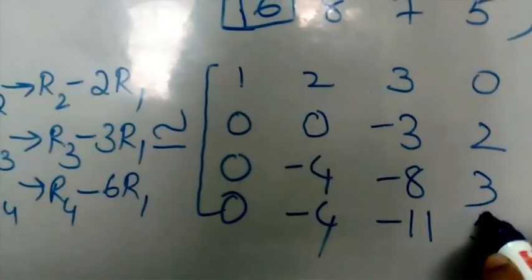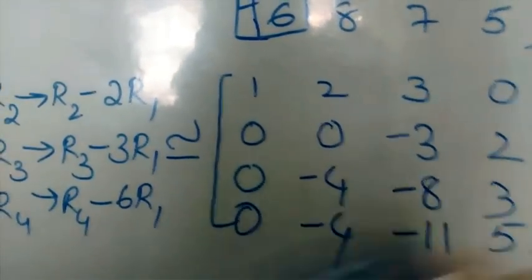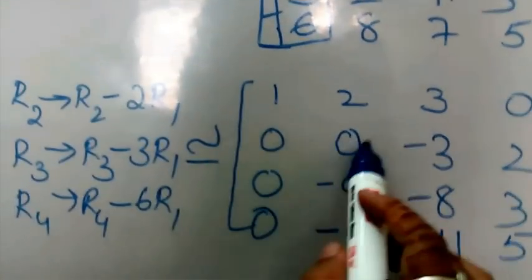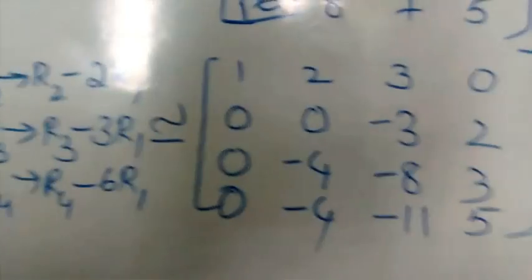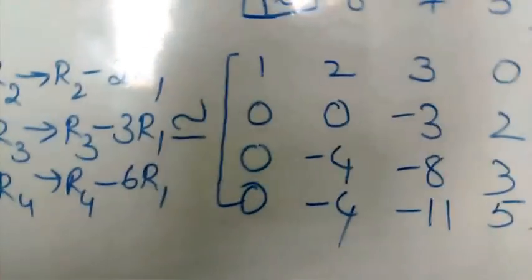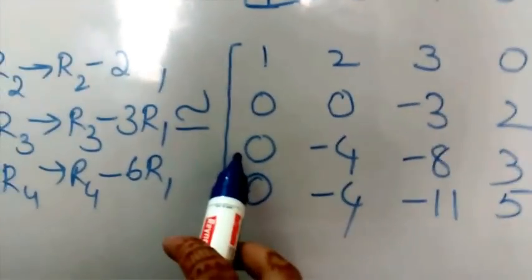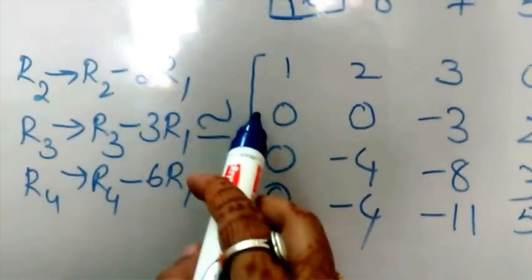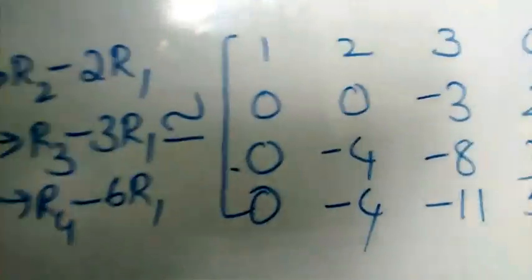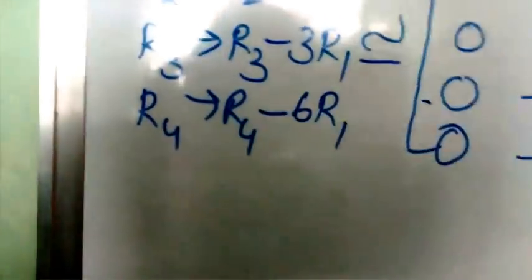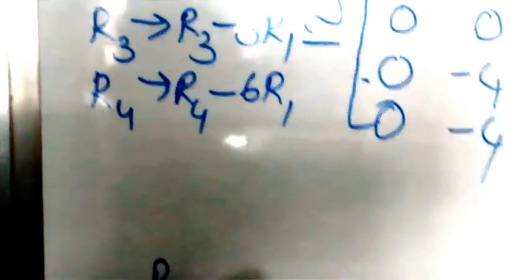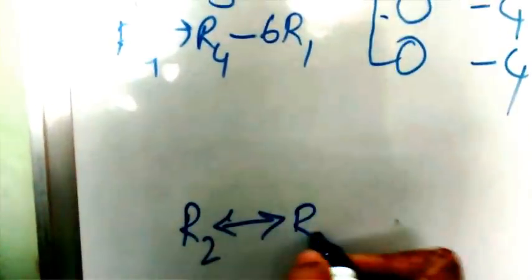Here we have 2 zeros in the second row, but the second row has to be considered as a single zero. So we can interchange R3 with R2, because R3 consists of a single zero. R2 is interchanged with R3.